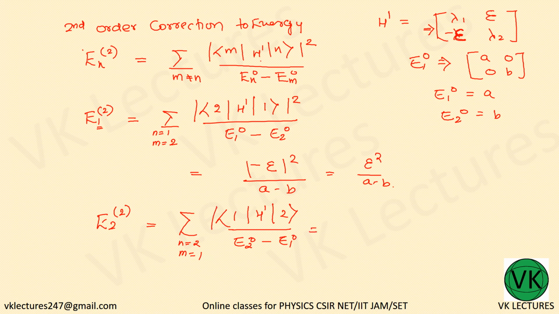So E squared divided by E2 naught minus E1 naught, that is B minus A, which equals E squared divided by B minus A. So that is it for the second order correction to energy.